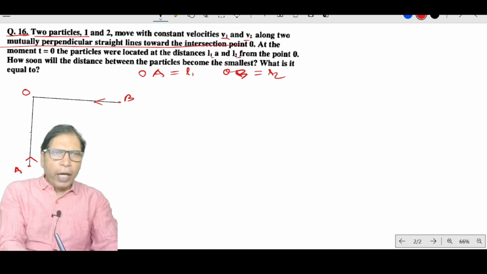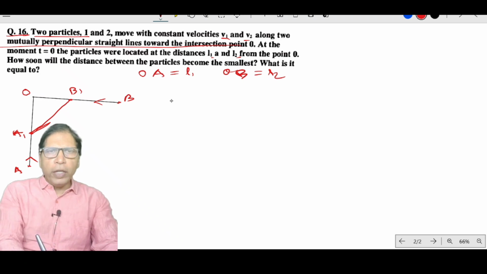After time t, when A reaches the point A1 and B reaches the point B1, their distance becomes minimum. This distance is A1B1.